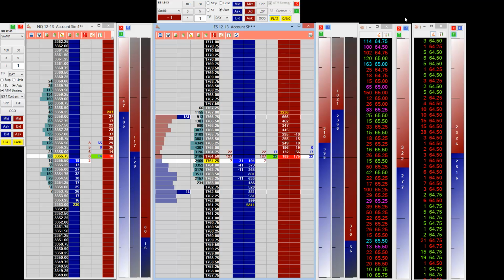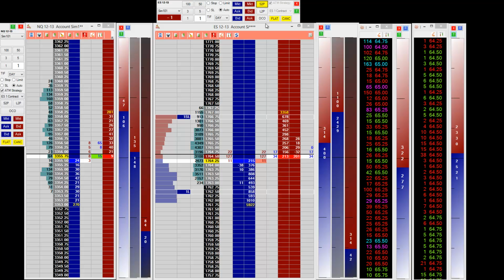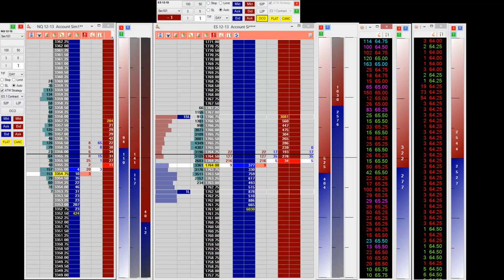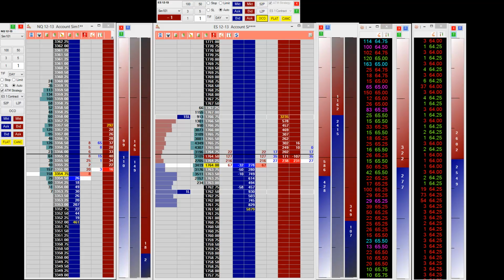Another thing that people mentioned were the S to P, L to P, OCO buttons. It wasn't always really clear whether those buttons were on or not. So now we've made it so that it should be very clear whether the button is actually enabled or not. Then the only other thing we've done in this version, we do have the products for OpenECRI, Stage 5 Trader.